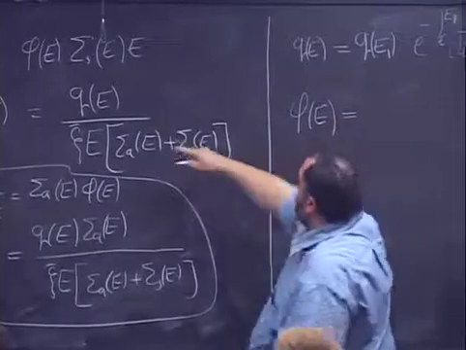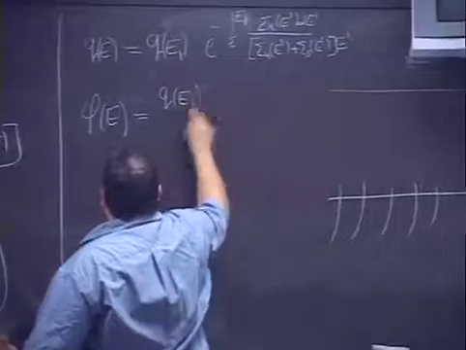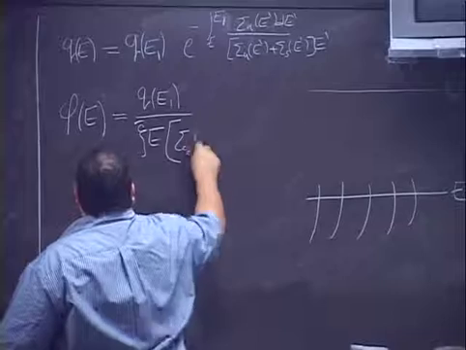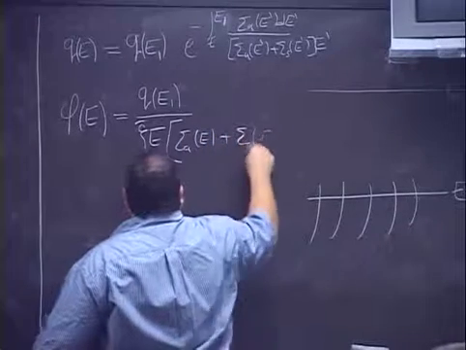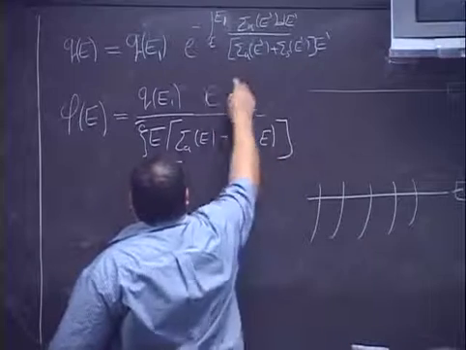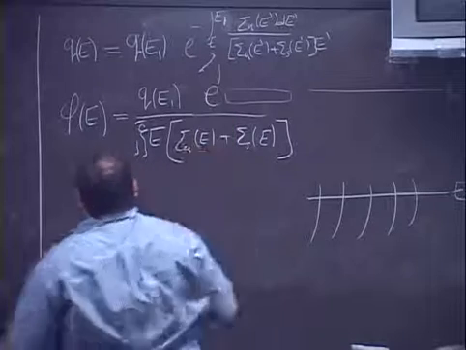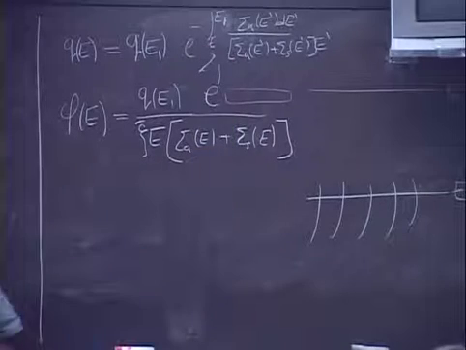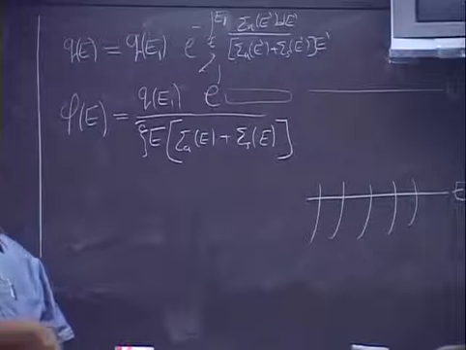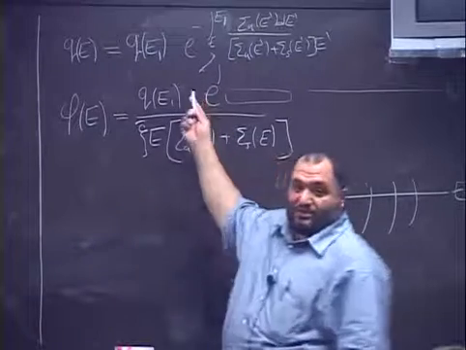So I can remove Q of E and put this function: Q of E1 over xi sigma scattering of E, divided by sigma absorption of E plus sigma scattering of E, multiplied by this factor. It's very similar to the hydrogenous case.